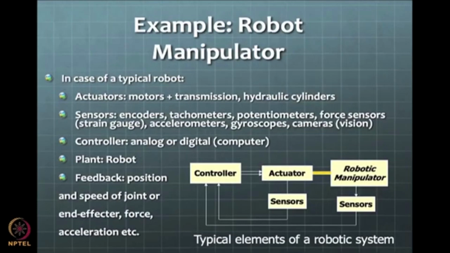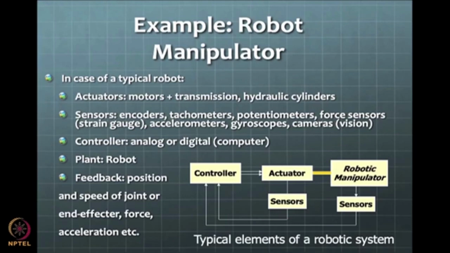With examples. So first example, simply a typical robotic system. The actuators there are motors, possibly with a gear transmission system, or there might be hydraulic cylinders as actuators, or pneumatic actuators and things like that. Then you can have different kinds of sensors for a robot.